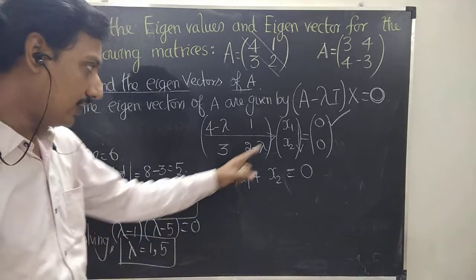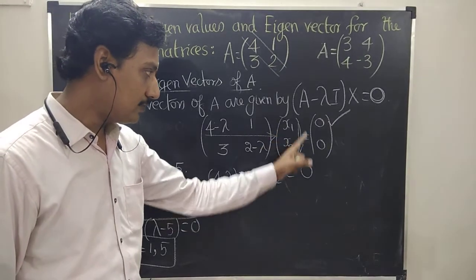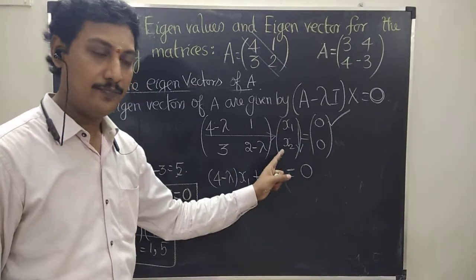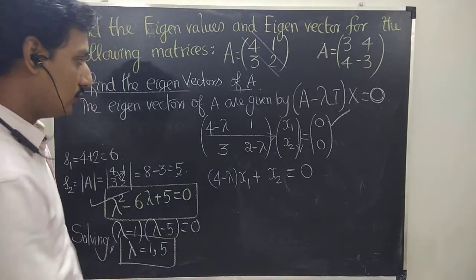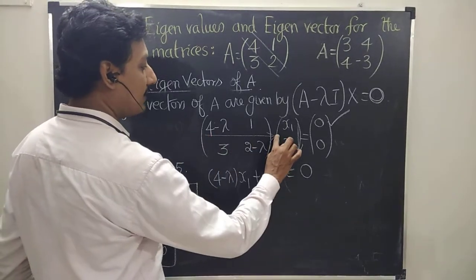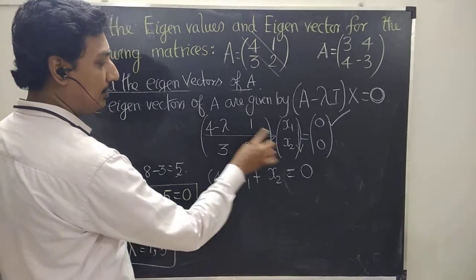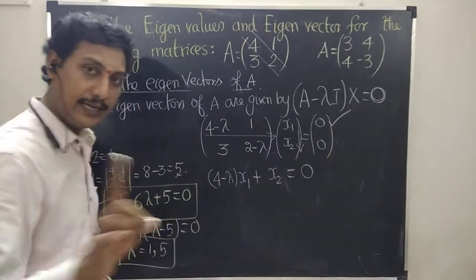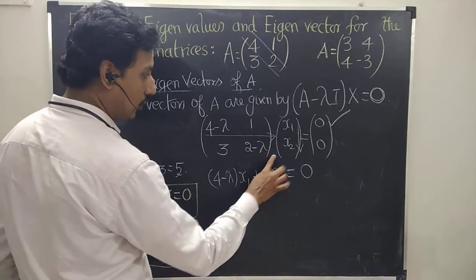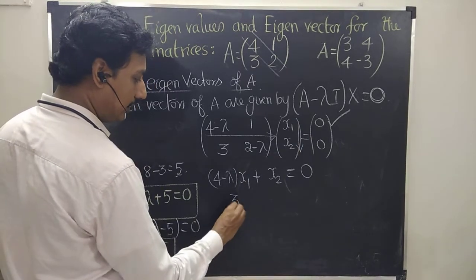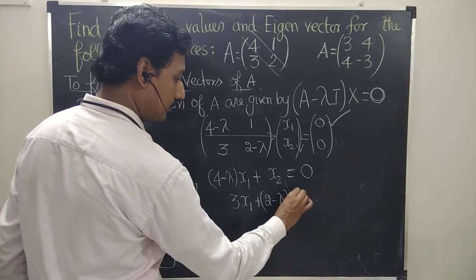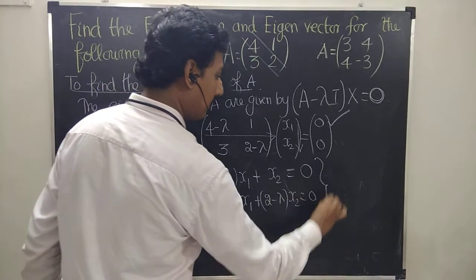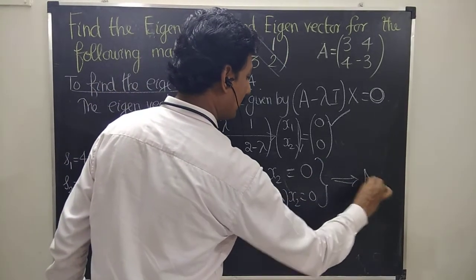How many unknowns here? x1, x2, which is my eigenvector. So there are two unknowns, so there are two equations. First one: (4 minus lambda) x1 plus 1 into x2 equal to 0. Second one, by this row and the same column: 3 into x1 plus (2 minus lambda) into x2 is equal to 0. This is my system of equations, the star equation.